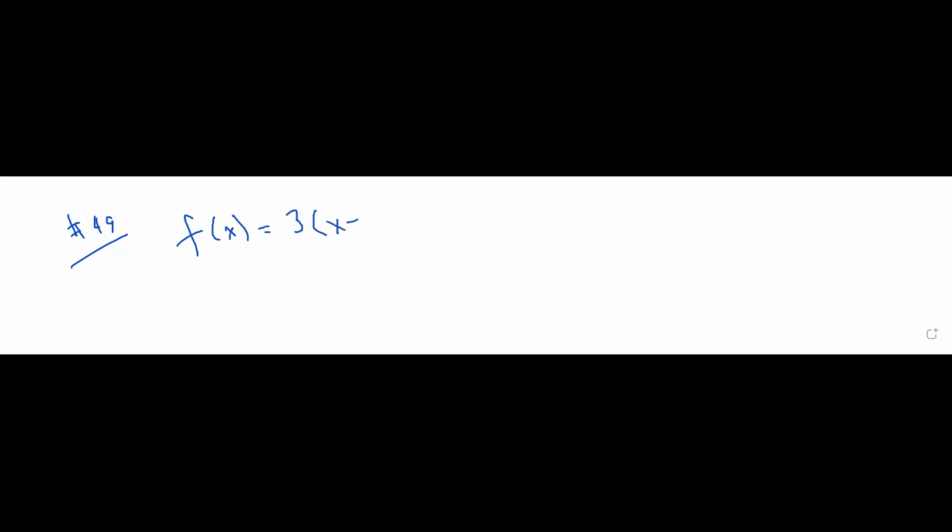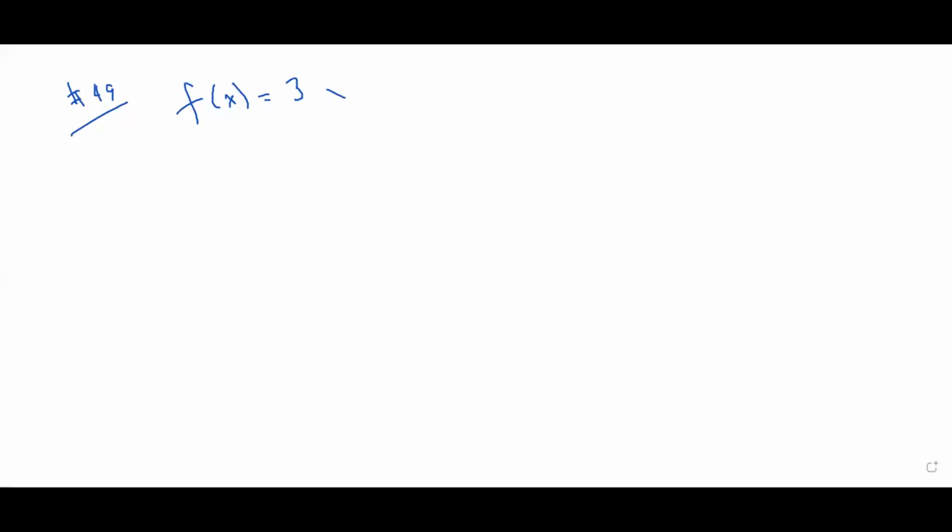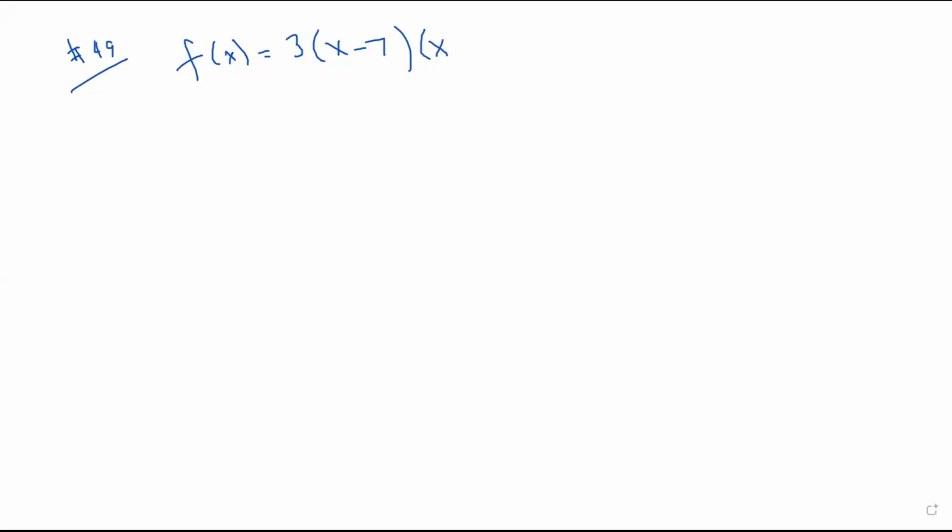So we have two parentheses multiplied. One has x minus 7, not plus 7, but minus 7. And then another factor here is (x plus 3) squared.